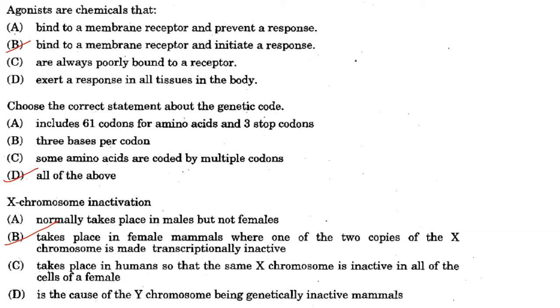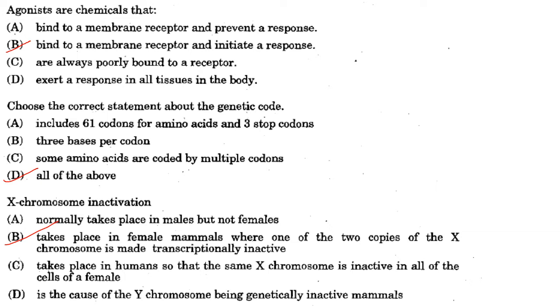Then next one. X chromosome inactivation. It takes place in female mammals where one of the 2 copies of the X chromosome is made transcriptionally inactive. Answer is option B. Now option C, take place in humans so that the same X chromosome is inactive in all of the cells of the female.